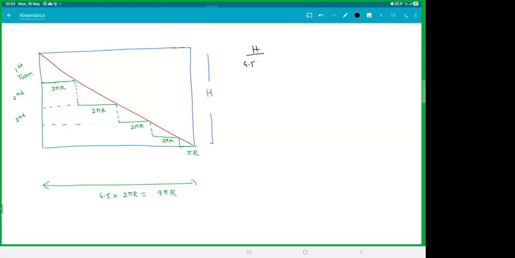You can divide the height also into a cylinder. So where is A? A is here. Where is B? B is here. If you make it a straight line, now you're done. What is the distance? Root over h square plus 9 pi r whole square.